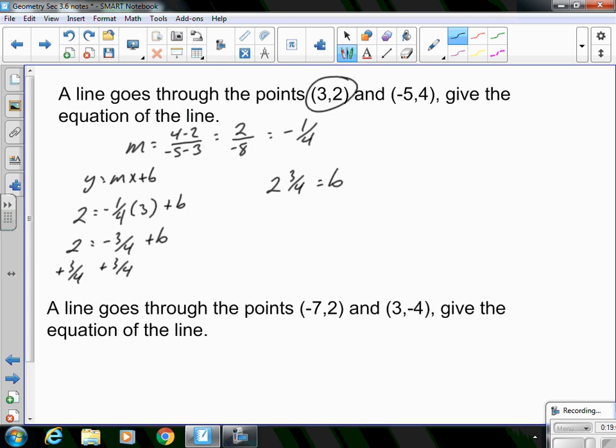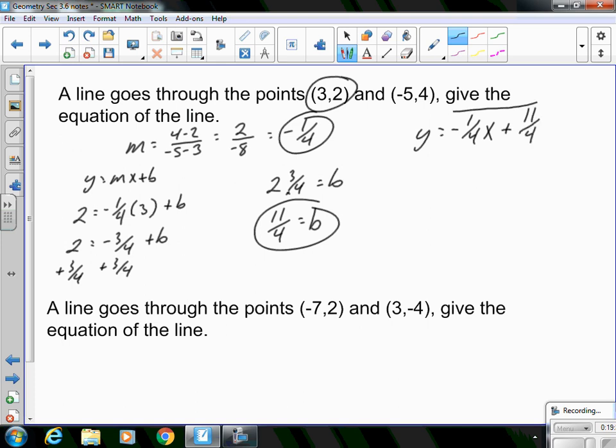So 4 times 2 is 8, plus 3 is going to be 11/4 for our b value. So now we've got our b, we've got our slope m. So y equals our slope, -1/4 x, plus the b value, which is 11/4.